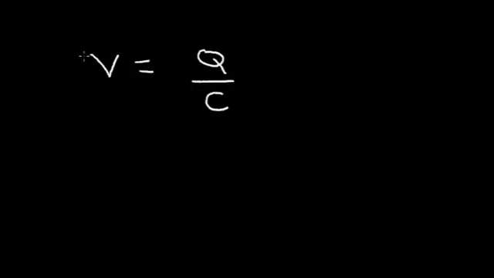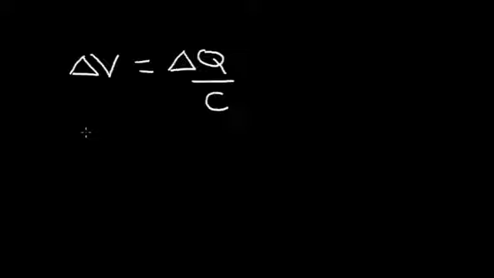So we can say that the change in voltage, which I'll call delta V, is proportional to the change in charge in the capacitor, which I'll call delta Q. So a capacitor tends to resist a change in voltage. For the voltage to change, it takes time for the charge to change. And if we want a very small voltage change, we could have a big capacitor. So a big capacitor in the denominator makes a change in voltage small.